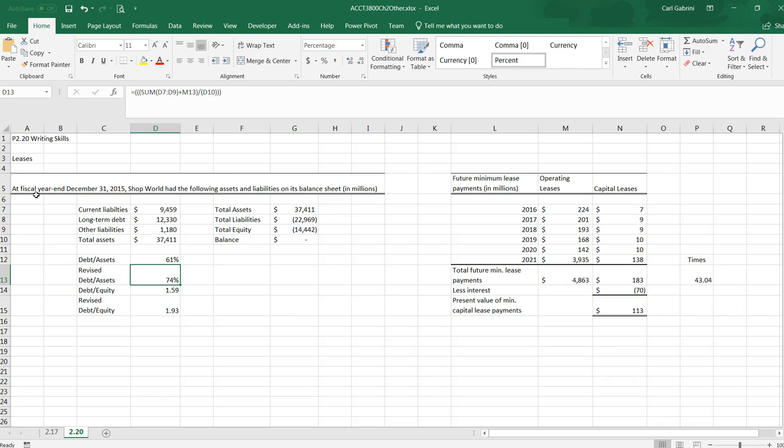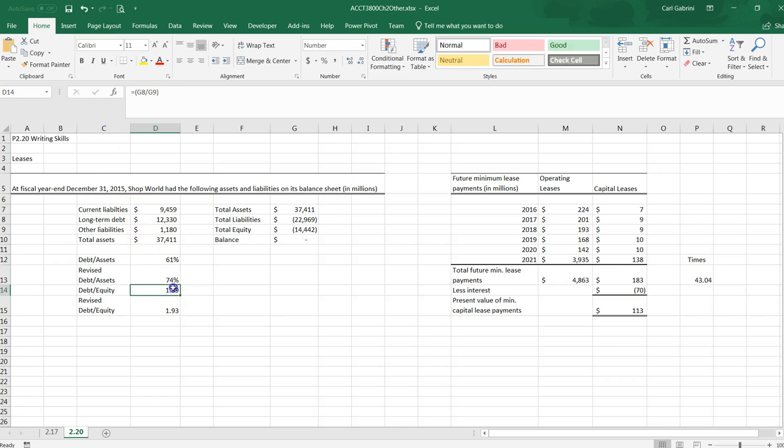This increases the riskiness of the debt structure for ShopWorld. The fact that they're using operating leases hides some of what could be considered long-term debt by an analyst or by an investor. It hides it from the balance sheet. It buries it in the notes to the financial statements so that when they calculate ratios, the ratios may look more favorable to them.